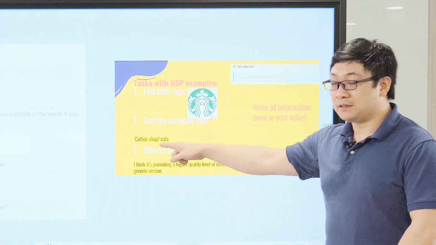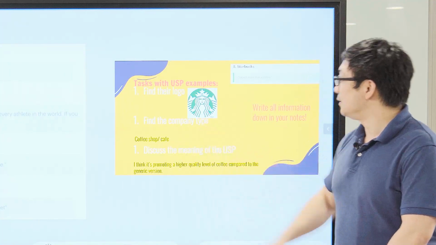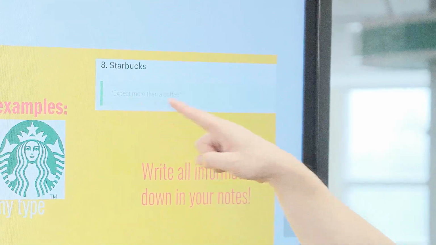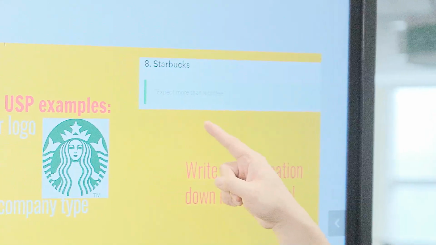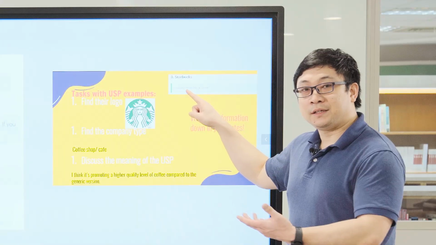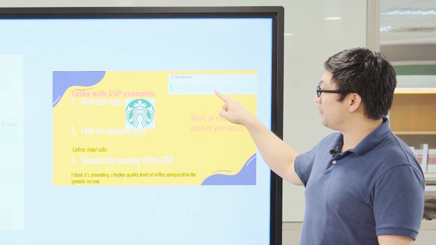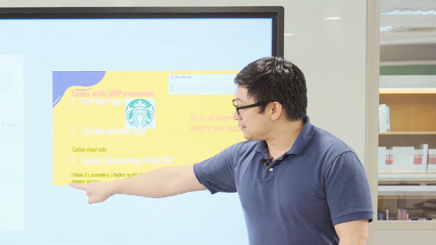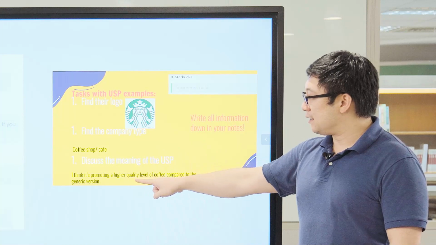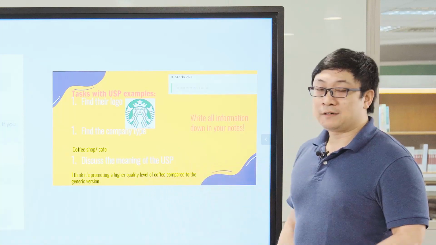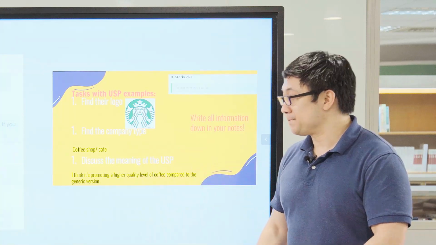We know it's in the coffee shop or cafe industry. And then look at the USP, known as the unique selling point, which makes the company unique or special in their own way. Expect more than a coffee. So for me, it means I think it's promoting a higher quality level of coffee compared to the generic version.